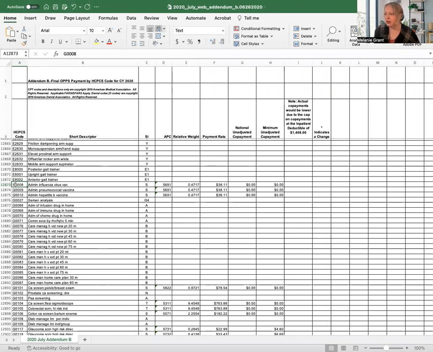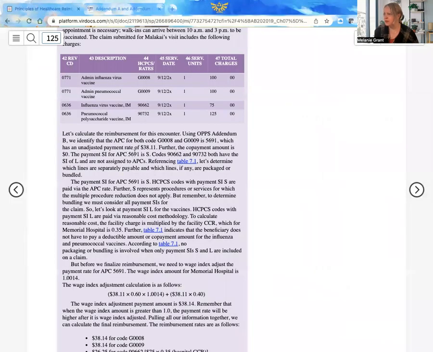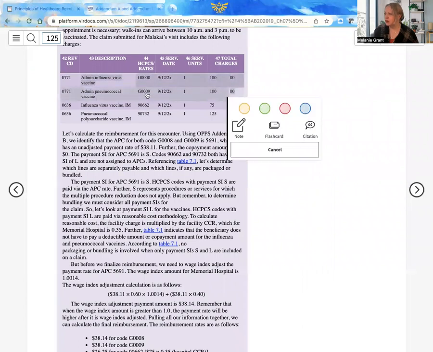I've already pulled up here an example of our vaccinations that were indicated here. We can see the status indicator for CPT codes G0008, G0009, and G0010. And I think we're only doing 2 of these, so we're looking at the influenza and pneumococcal, which are here.